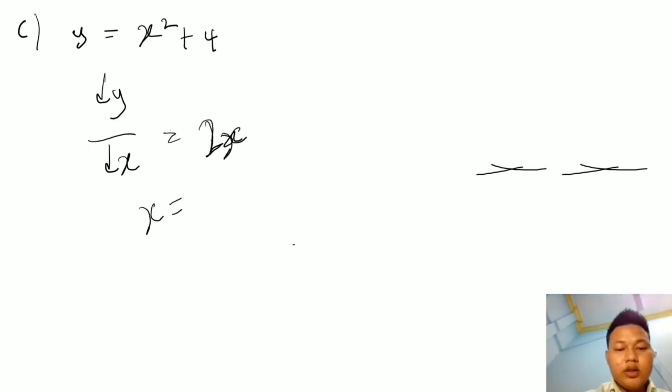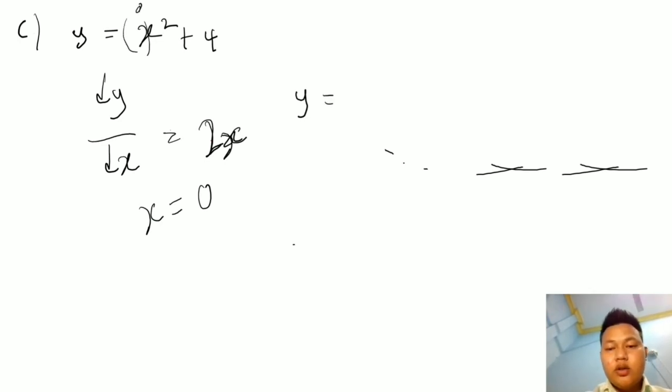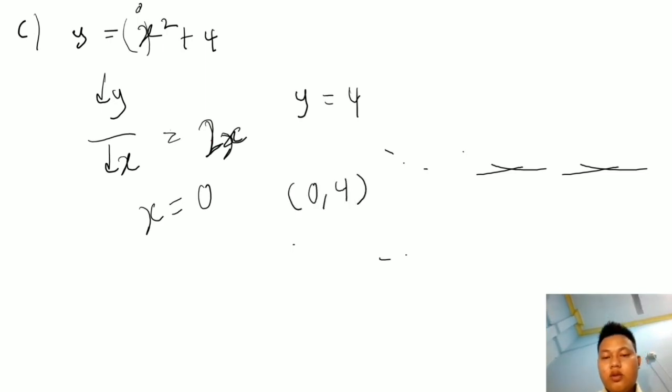So the answer is x is 0. For y, we substitute 0 here, so the answer for y is 4. The coordinate for the question is 0, 4.